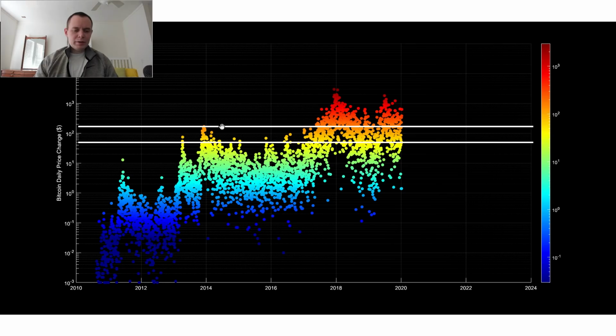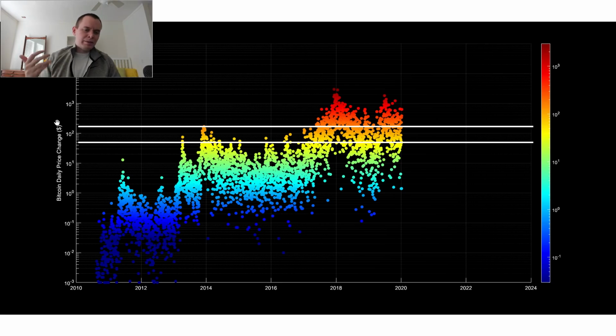Here we're looking at a peak of around say $50 to $110 in one day, and you can see that was in 2014, and this peak became this average or median value, which maybe begs the question: will this end up being the lower bound for a future market cycle, with $50 to $110 price movements in a day being the lower bound?